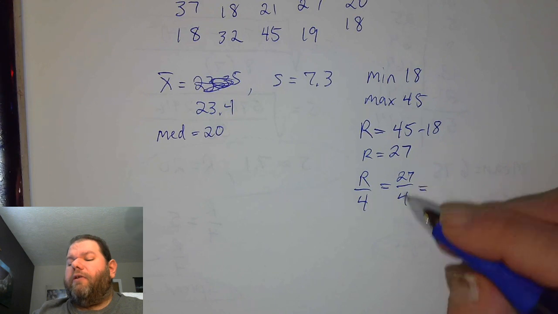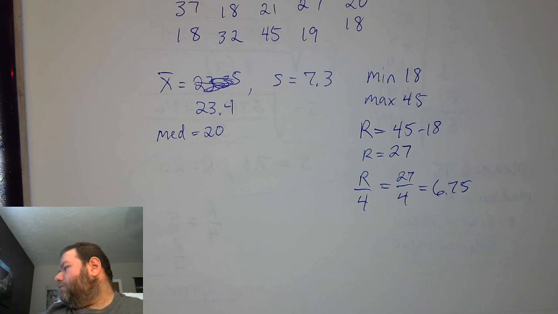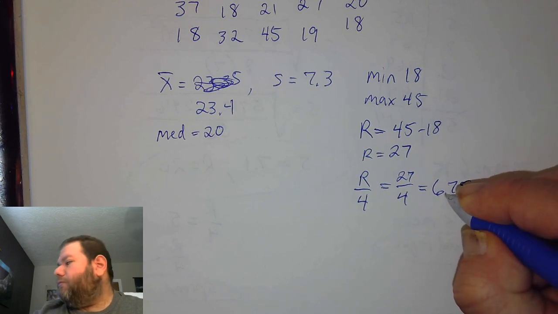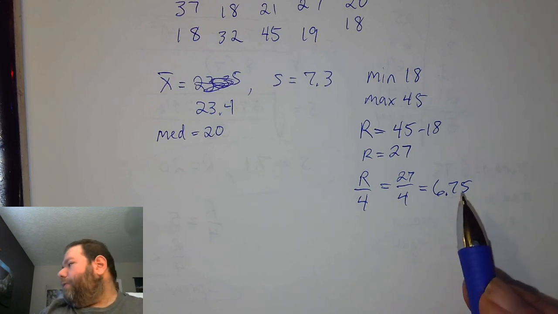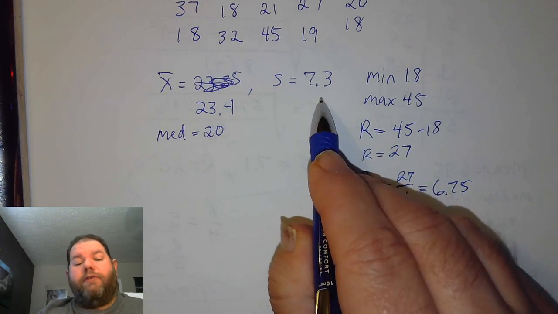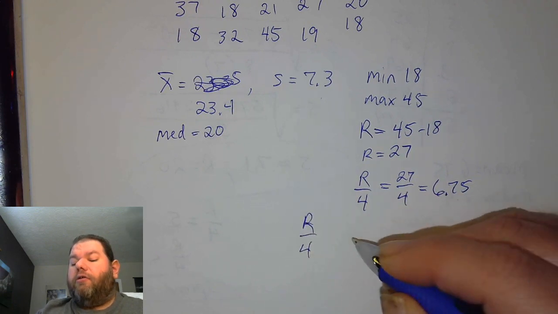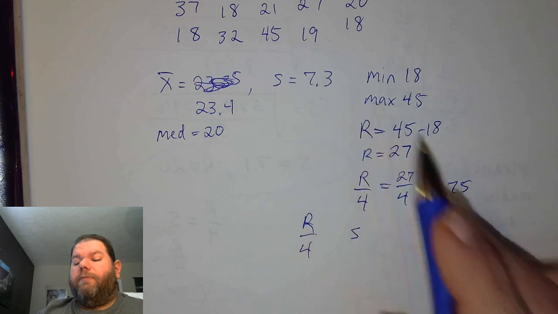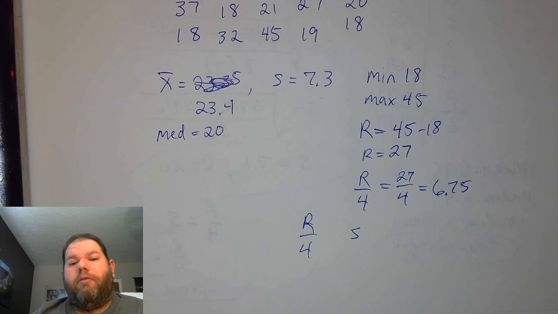That would be, it's not quite 7, so 6.75. Okay, now we know in our range rule that we would want to compare the range over 4 to the standard deviation. In this case, would range over 4 be less than, greater than, or approximately equal to S?